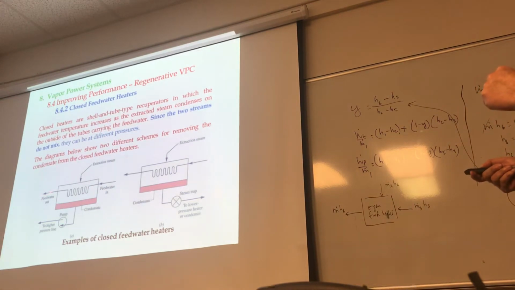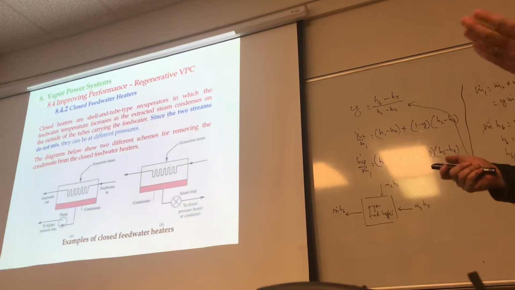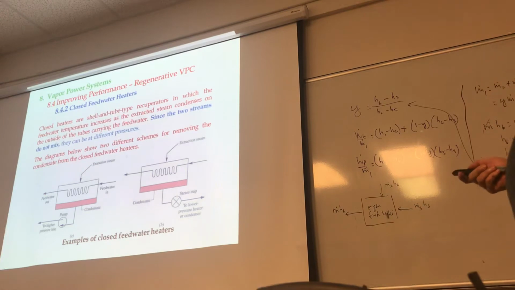Obviously, the feed water that's going out is going to, ideally, right? You're coming in with a low temperature, you're going to get to the higher temperature because that's really what you want, right? But in the process, obviously, you're going to have some condensate, because the hot things will become condensed, and then you collect it at the bottom. And then there are two ways you can do that.